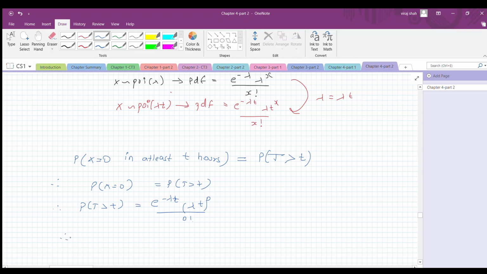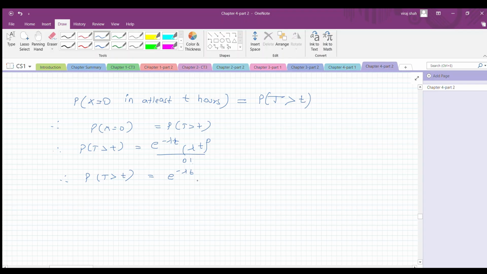So I get the probability that T is greater than t is nothing but e raised to minus lambda t.